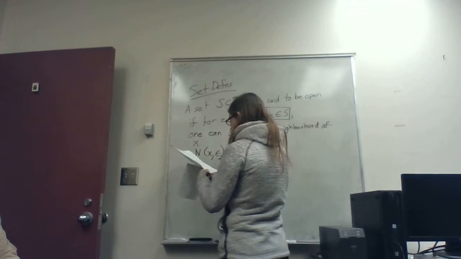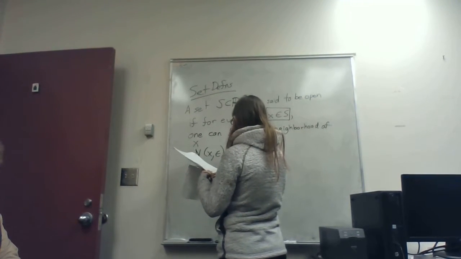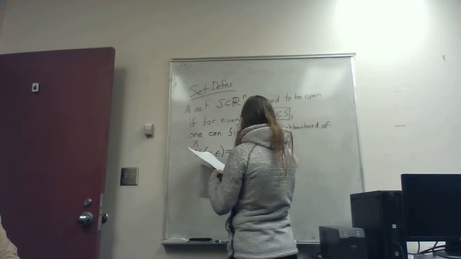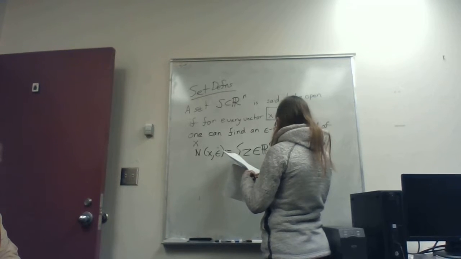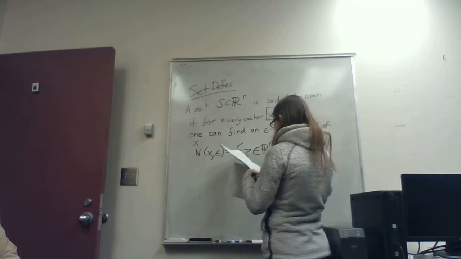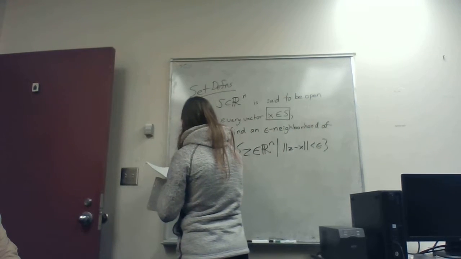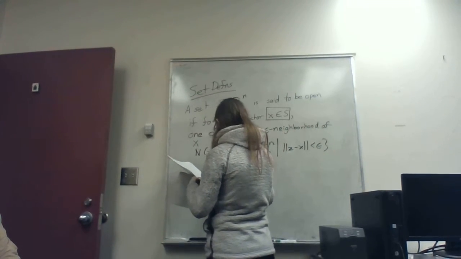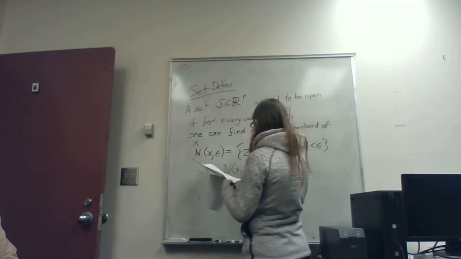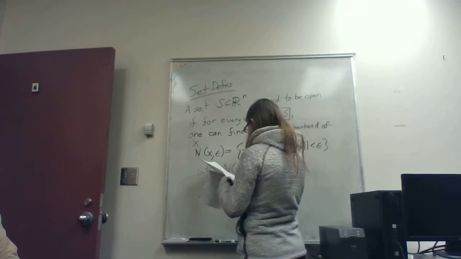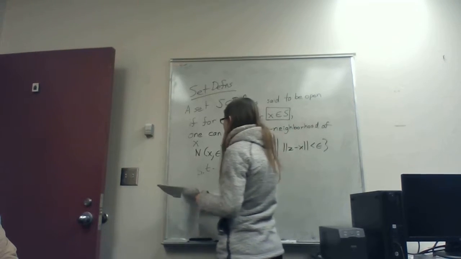Here's the definition of this epsilon neighborhood. This neighborhood is Z contained in R to the N such that the norm of Z minus X is less than epsilon, such that this epsilon neighborhood is contained in the set S. Or I guess is a subset of.